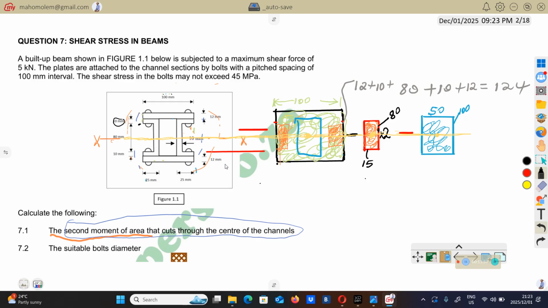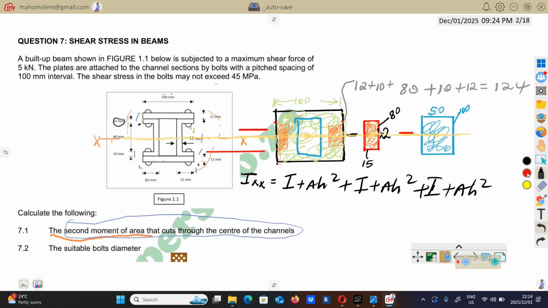So I XX equals I plus AH squared plus I plus AH squared plus I plus AH squared.